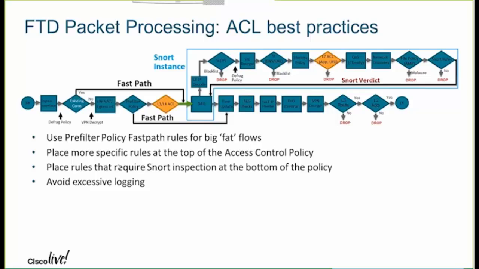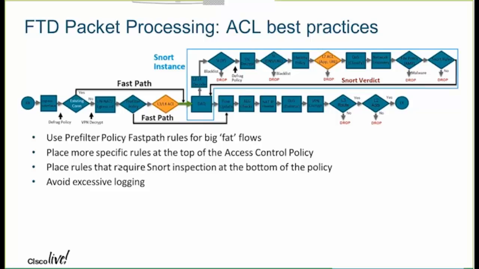If you have a rule at the top of the list performing file policy and IPS, but the next rule after that is permitting the traffic, we will still perform the file policy and the IPS check on that specific rule, and only then will the next rule be evaluated. So that can cause a bit of latency in that sort of traffic flow.